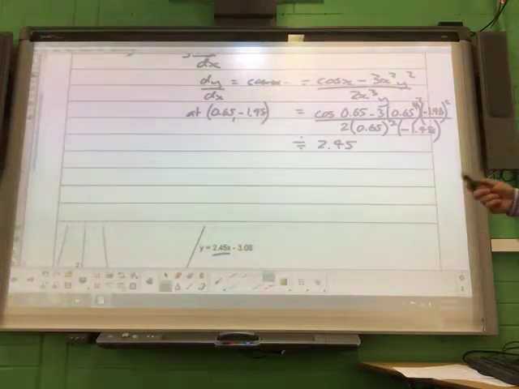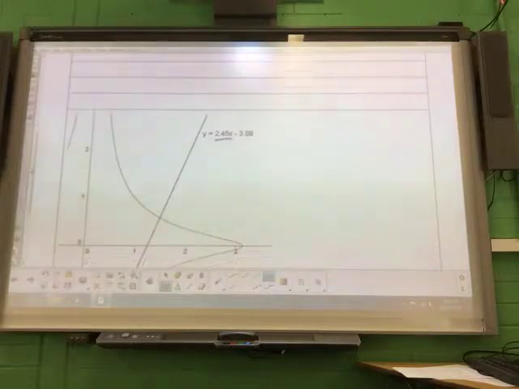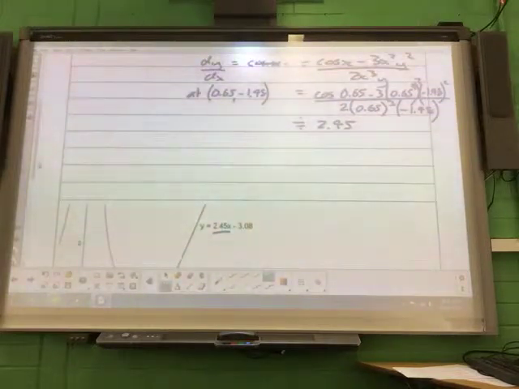Each of these calculations in GeoGebra is 2 decimal places by default, so of course we're going to have a slight rounding error, but we've got the correct answer.